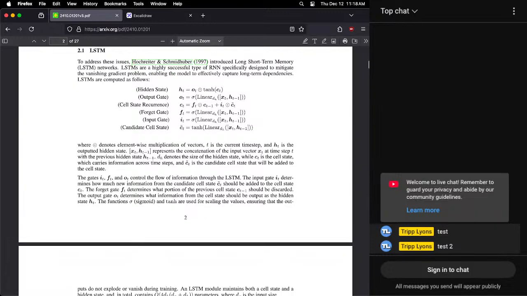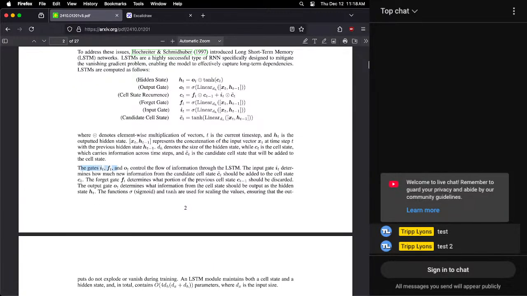Okay. Let's see, here it says the gates I, F, and O control the flow of information through the LSTM. The input gate I determines how much of the new information from a candidate cell C should be added to the cell state C. This is the new information. This is the previous C. Okay, and this is how you update it.